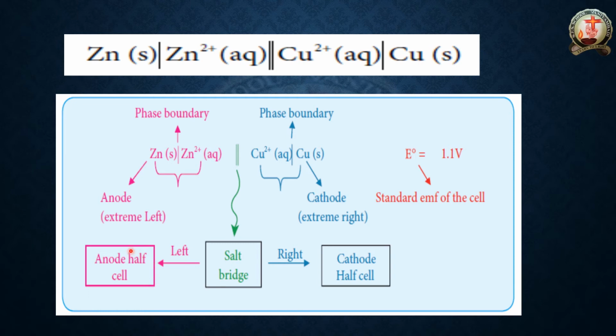You can imagine this is inside and this is outside, left hand side and right hand side. So the standard EMF of the cell is 1.1 volt, written at the extreme right of the cell notation.